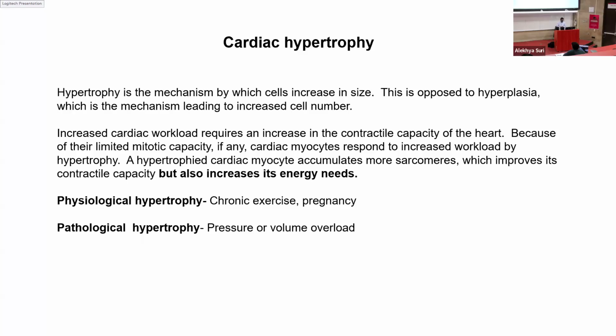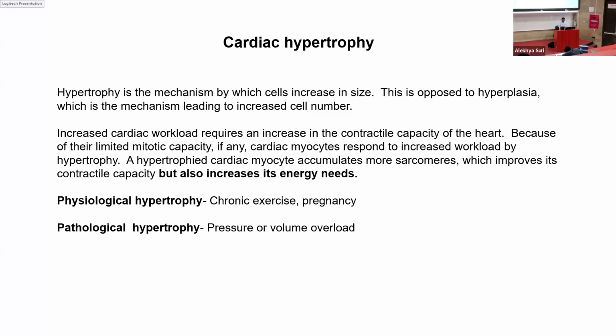Physiological hypertrophy is sometimes reversible, meaning it can go back to normal size. However, pathological hypertrophy is not reversible, it is irreversible. Pathological hypertrophy can be caused by pressure increase or volume overload. So both pressure and volume can cause pathological hypertrophy.